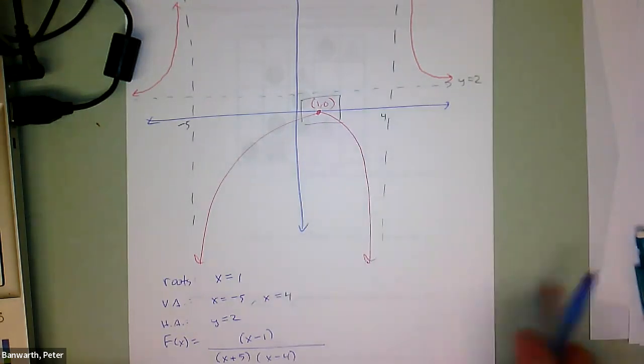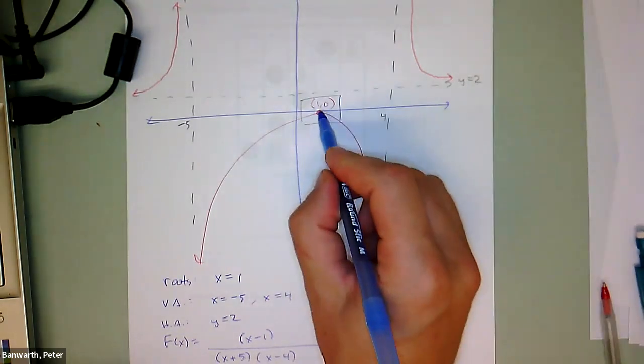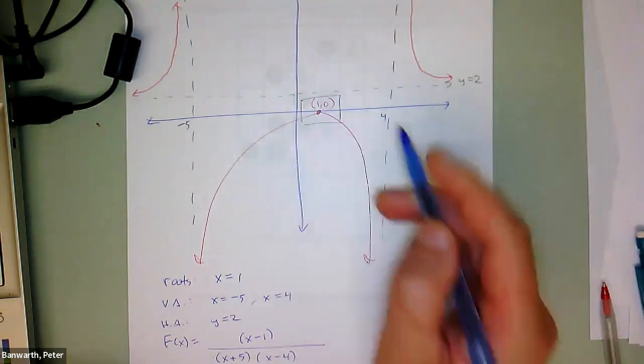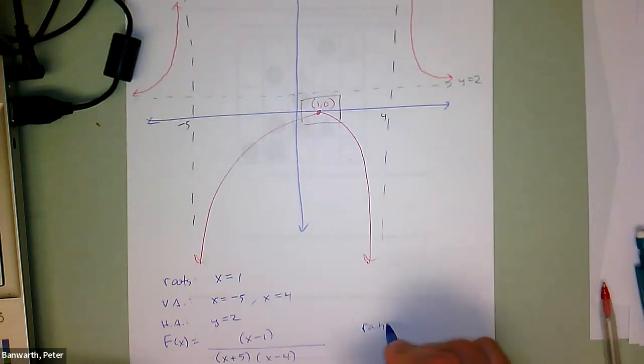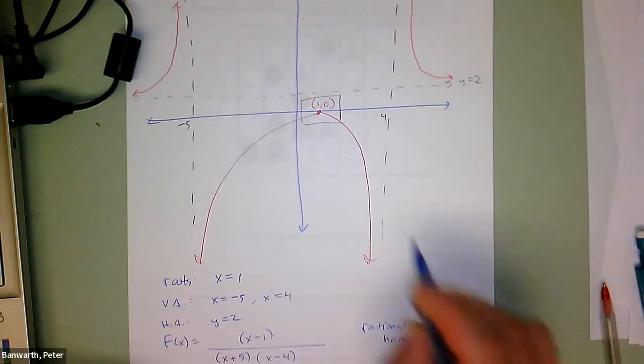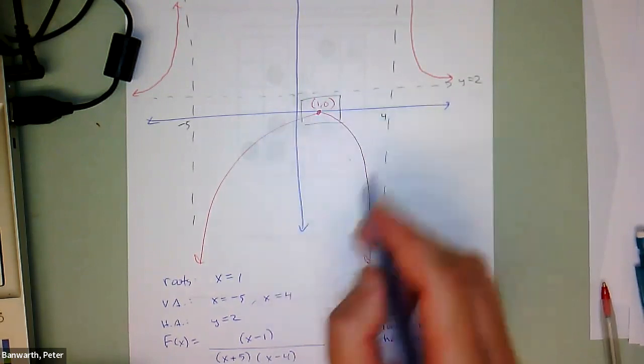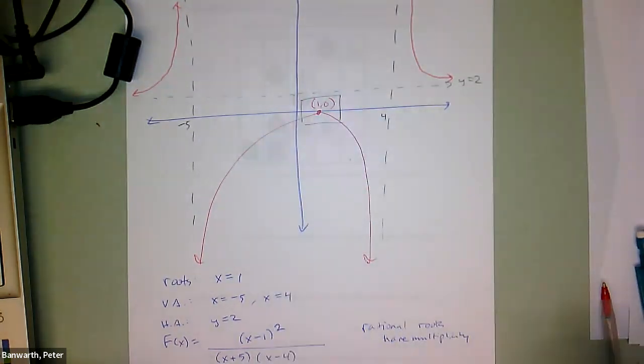So this root actually has an even multiplicity, just like in polynomials. So rational roots have multiplicity. That has an even multiplicity, so it's probably a multiplicity of 2.